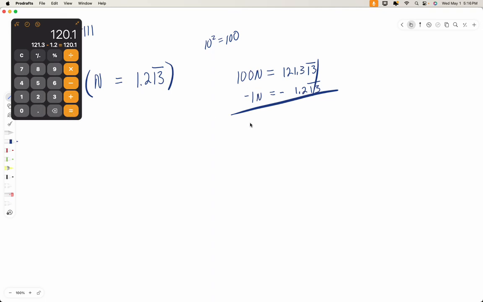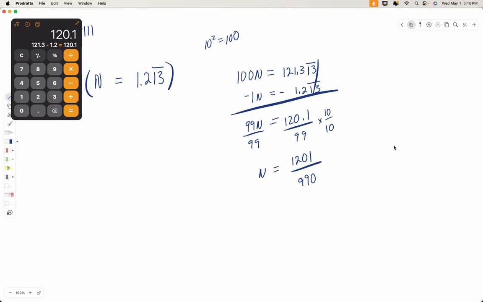We get 99n is equal to 120.1. Divide both sides by 99. N is equal to 1,201 over 99 with one decimal place, so we're just going to multiply this by 10 over 10. So that's going to be over 990. 1201 over 990.